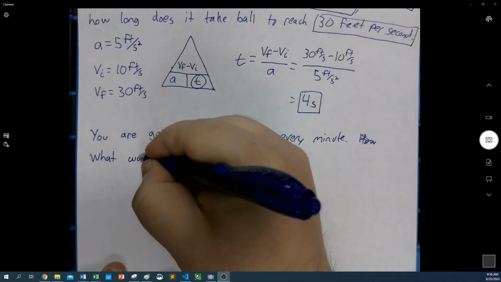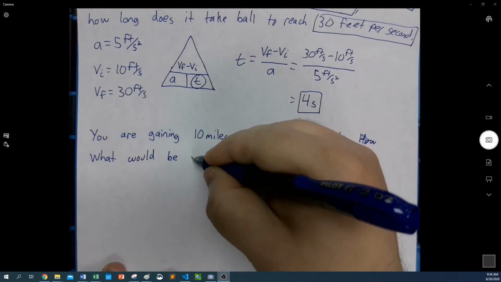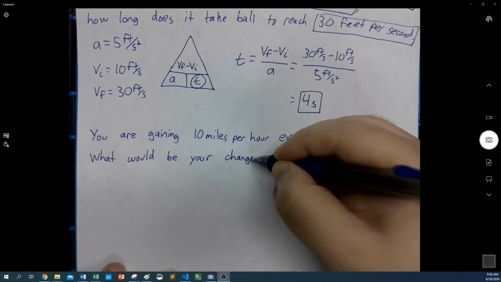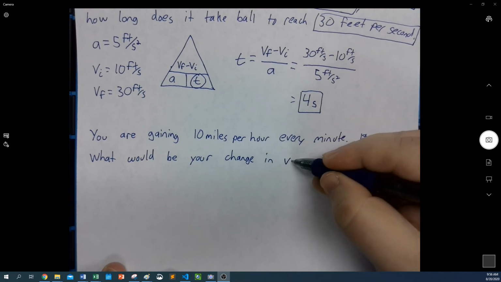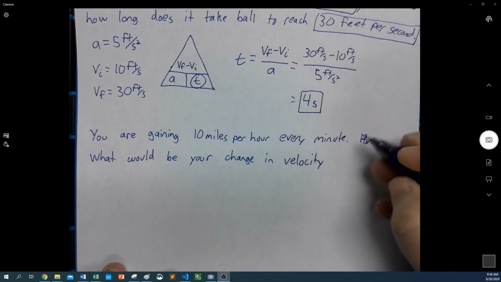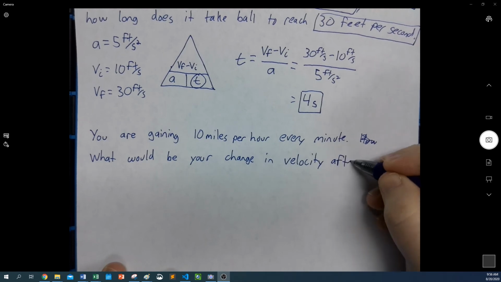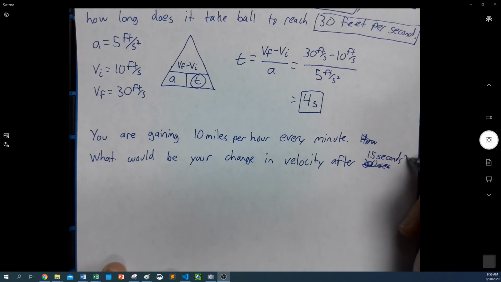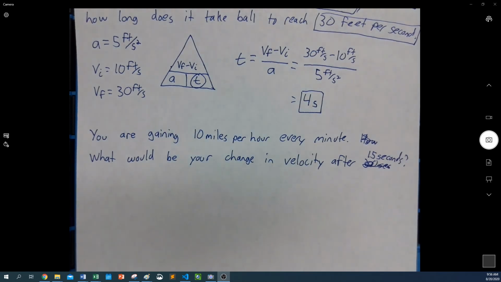What would be your change in velocity after 20 seconds? No, let's make it after 15 seconds. So you're gaining 10 miles per hour every minute. What would be your change in velocity after 15 seconds?